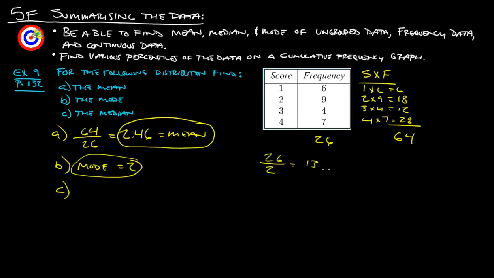So you'll have 13 for the first half and 13 for the second half. So we want to look at the average of the 13th and 14th number. Right? So let's see, 6 plus 9 is 15. So that means the 13th and 14th number are both 2. So that means our median will also be 2.